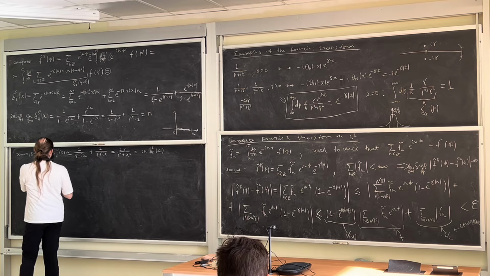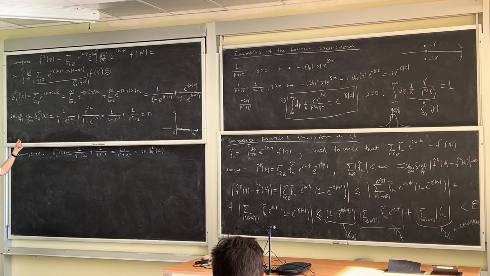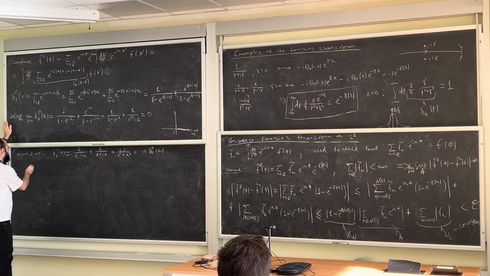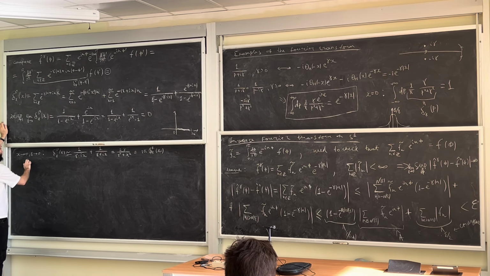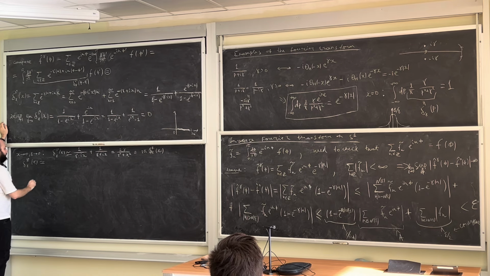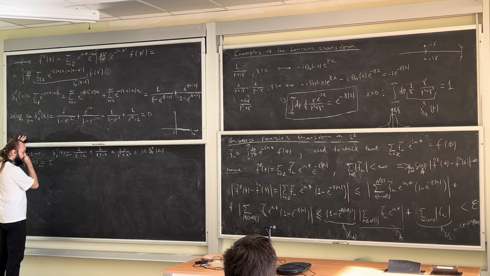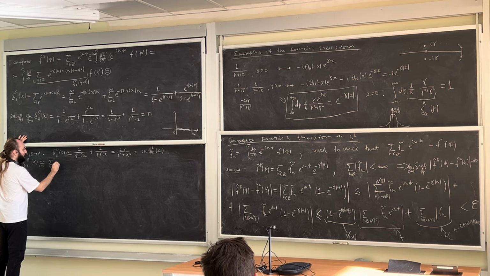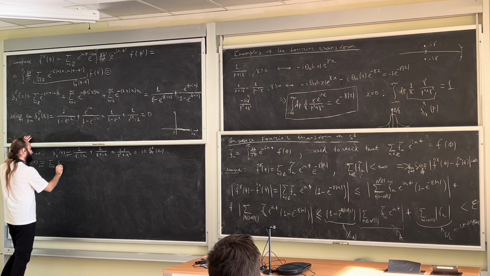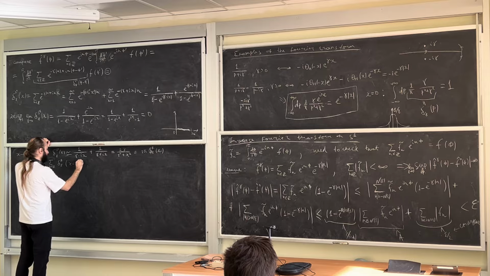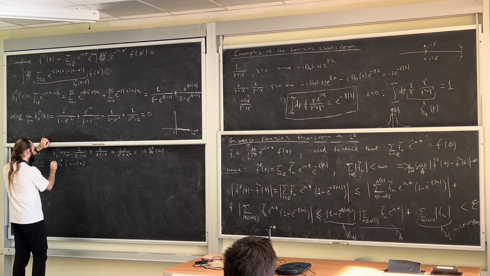So we can say that this delta function that we obtain here, the same happens at all other points. So we can say that this function delta gamma on S1 of x behaves, when gamma goes to 0, like sum over integers n of delta gamma on the real line of x minus 2 pi n times 2 pi.